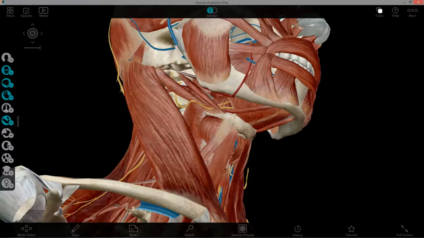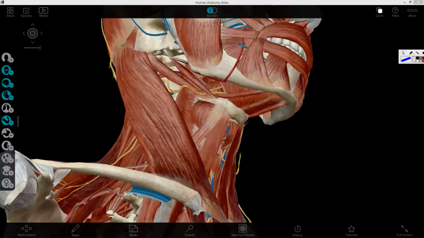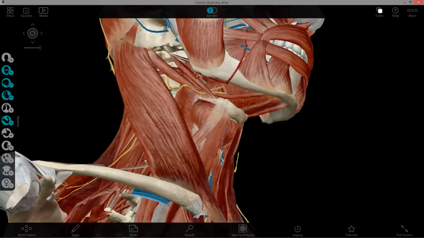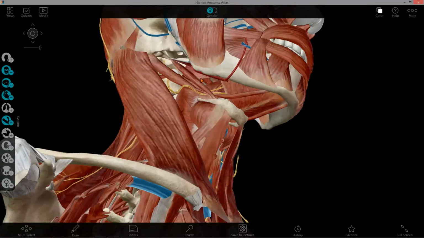So, just to make that super easy for you, I'm going to pull up my little drawing tool here and draw it out. We can go the stylohyoid, and then the anterior belly of the digastric, and then the mandible.